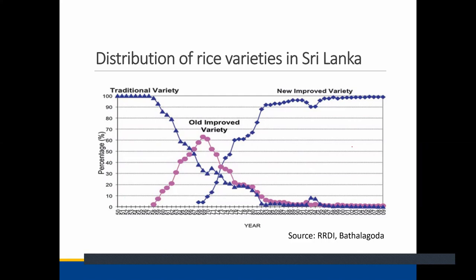The reason for the high rate of adoption of newly improved varieties is their beneficial characters. They are high yielding, short in height, and don't go for lodging. They are resistant to pests and diseases and to several abiotic stresses.